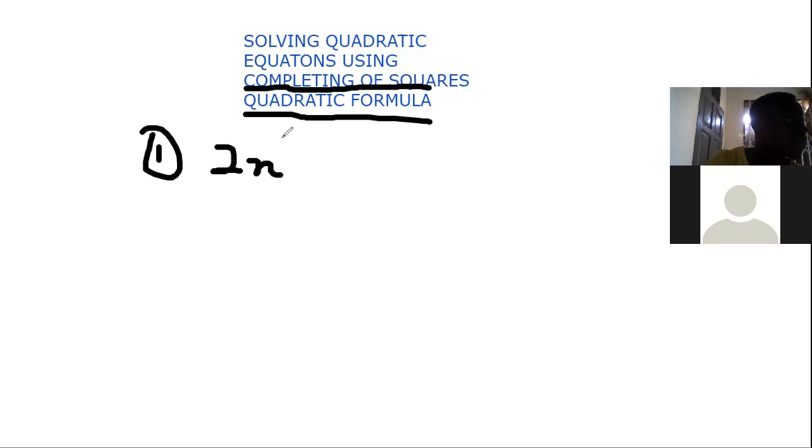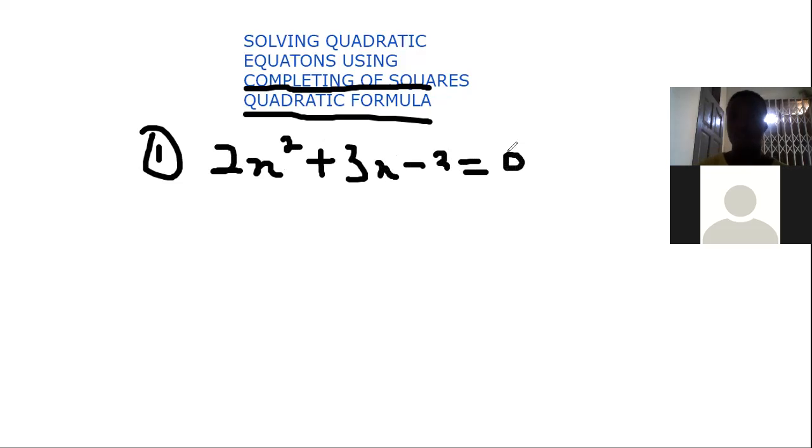So we have 2x squared plus 3x minus 2 is equal to 0. Now, using the completing of squares, the first thing we are going to do is make sure that the coefficient of x squared is 1.